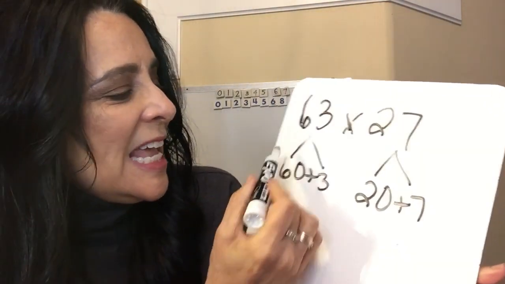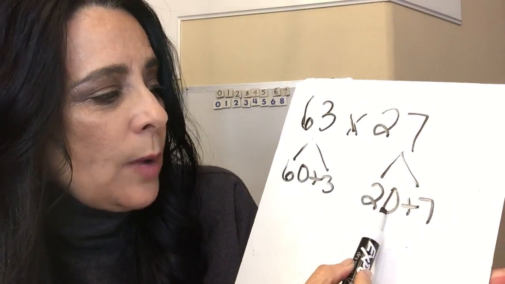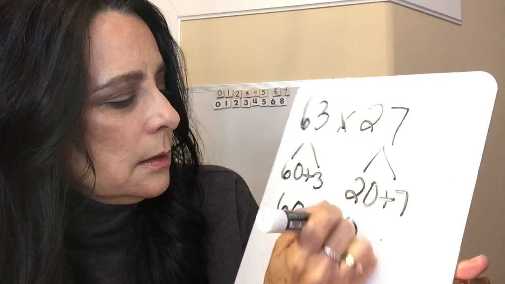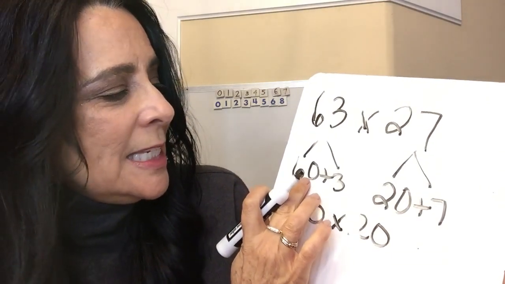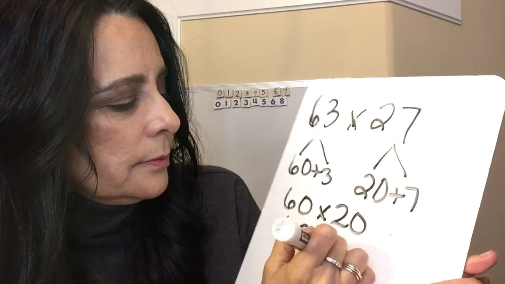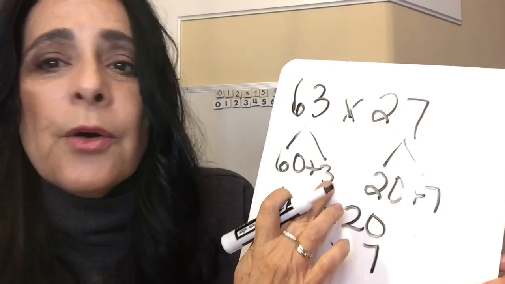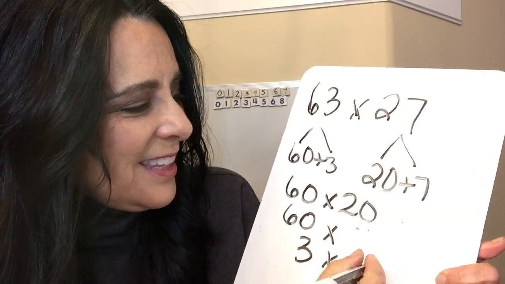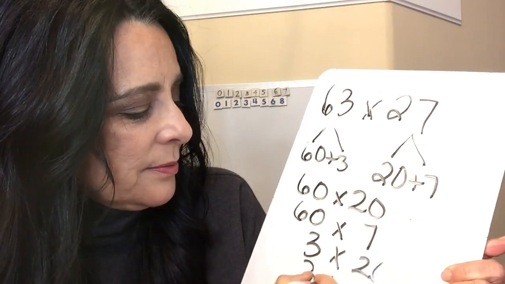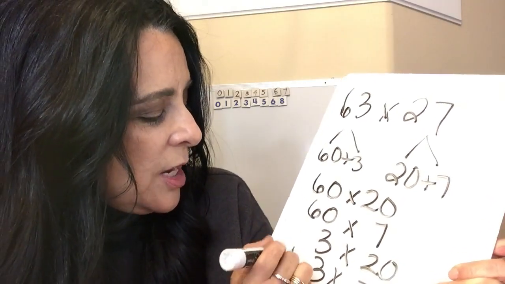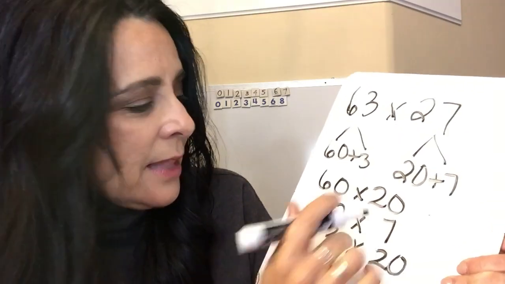We're going to say this is 60 times 20. Then we're going to do 60 times 7. Then we're going to go 3 times 20, and then 3 times 7. And then they're going to have to do the multiplication and add this all up.